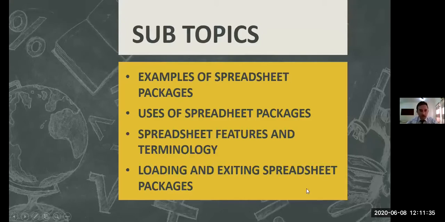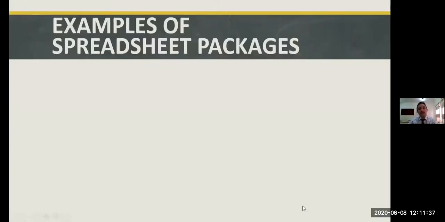Okay, let's continue. I will do it a little quickly, since some things are not important, but the important things are here on some slides, and maybe you should know them. The first example of a spreadsheet package is Microsoft Excel. This is Microsoft company software. The other one is Lotus 123.